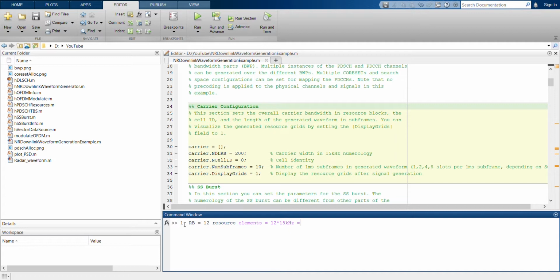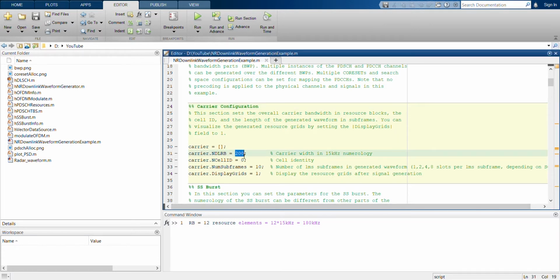So this would mean that one resource block means 180 kilohertz. So in this one, you are defining how many resource blocks in total you have.